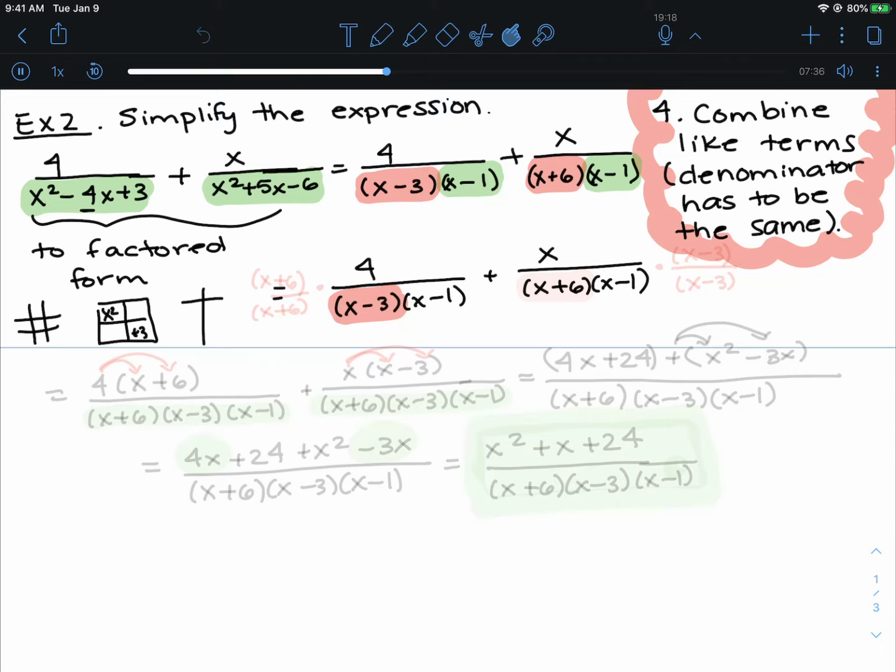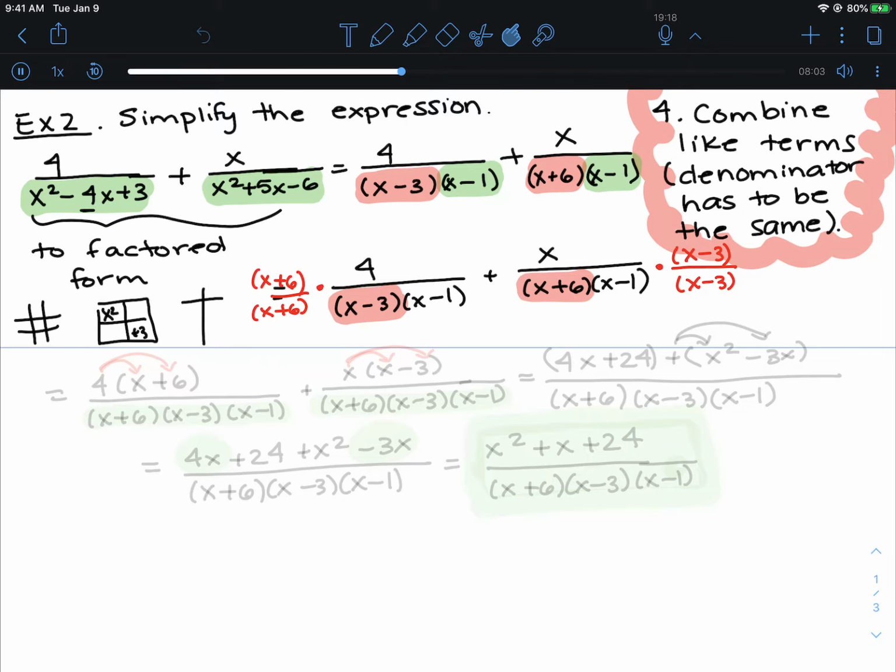So that means that on the other side, I'm going to multiply times an x minus 3. But what I do to the bottom, I'm also going to do to the top. And now the other one that was different was this x plus 6, because the first fraction doesn't have an x plus 6. So that means that I'm going to multiply the other side times that x plus 6. But what I do to the bottom, I'm also going to do to the top.